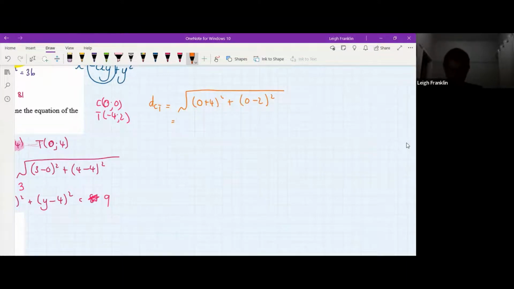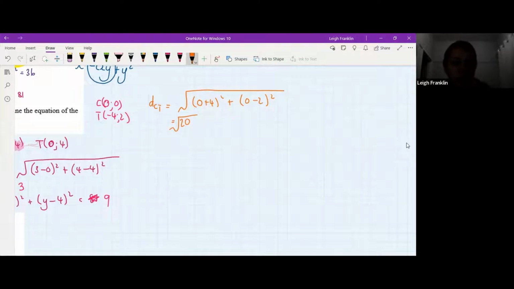And then for that, I got 20. So 16 plus 4 is 20. Oh, hang on a second. So that's root 20, isn't it? Because 20 is not a perfect square.